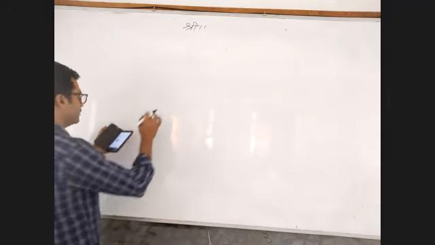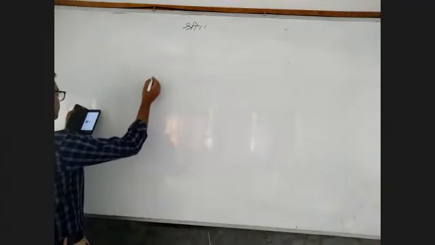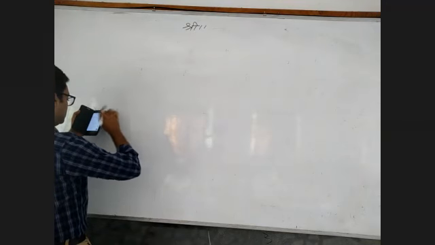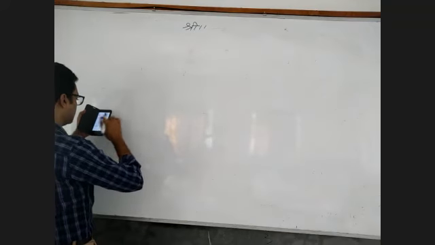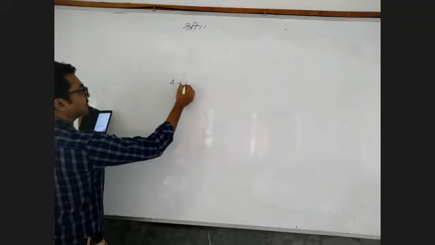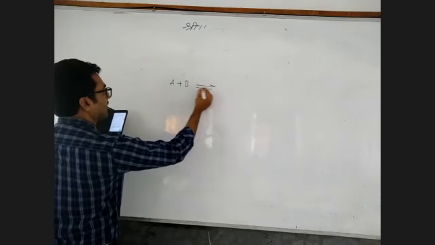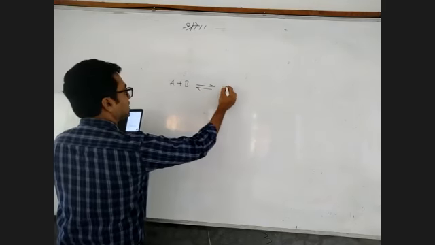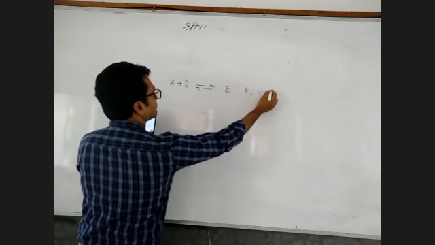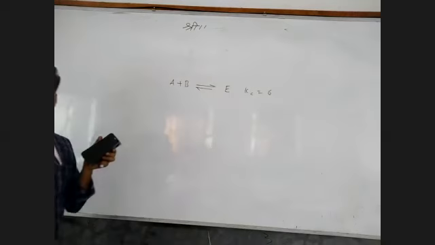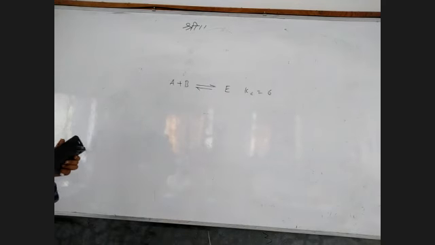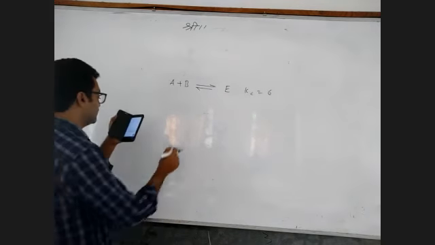So this is the question. A plus B gives rise to E, Kc value is 6. No talking. Those who know, raise the hand. I will come to you. 10 minutes is there.